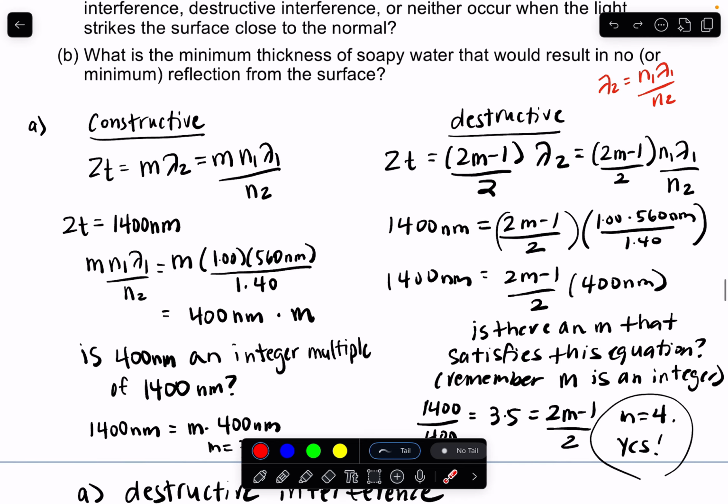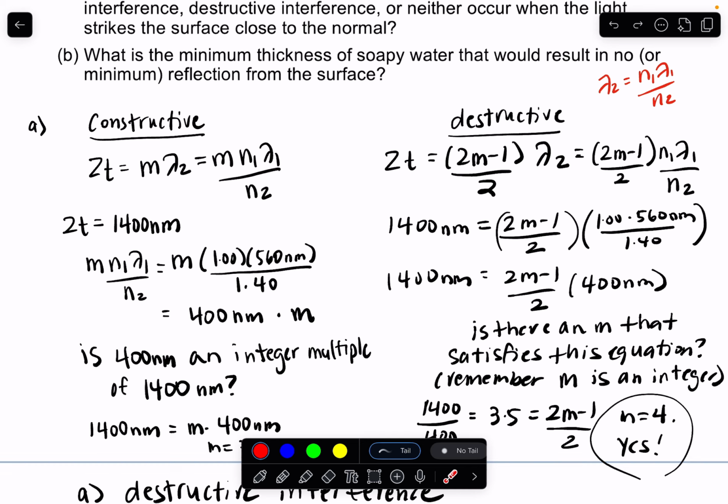So now if we do destructive interference conditions, twice the thickness was 1400 nanometers. And we're going to solve for m, see what we get. Okay, same kind of right-hand side over here. And so we get the 400 again, so we're going to divide.